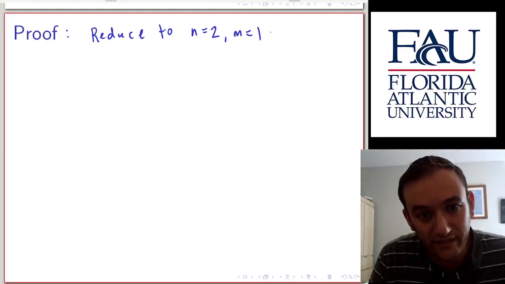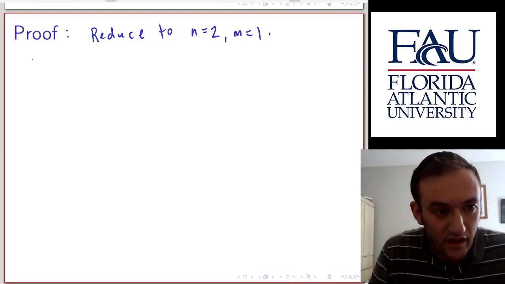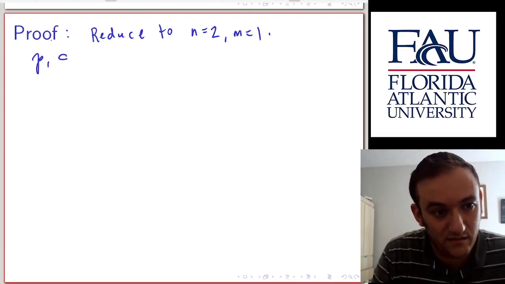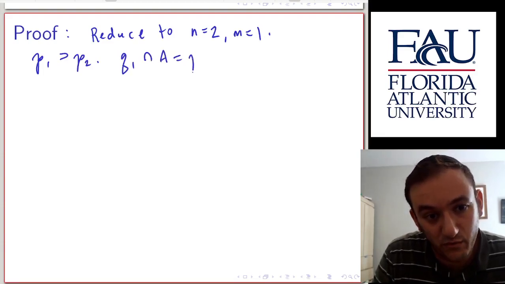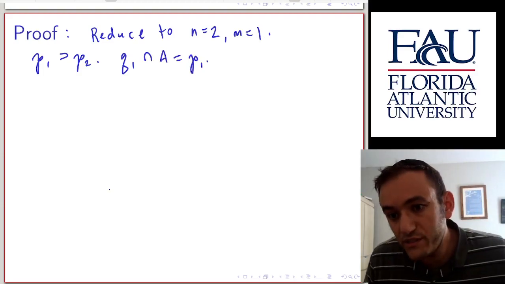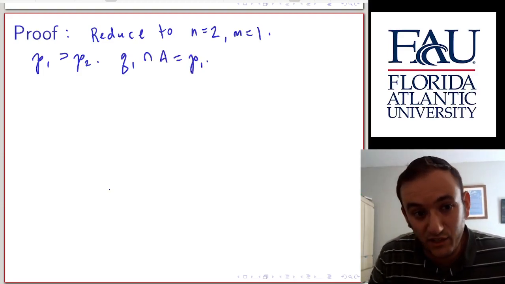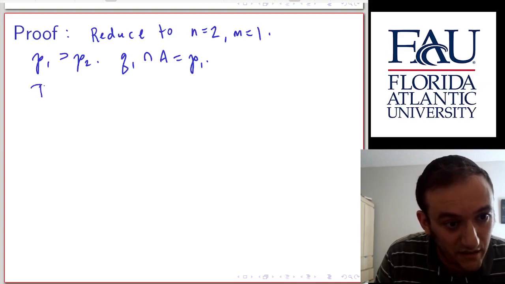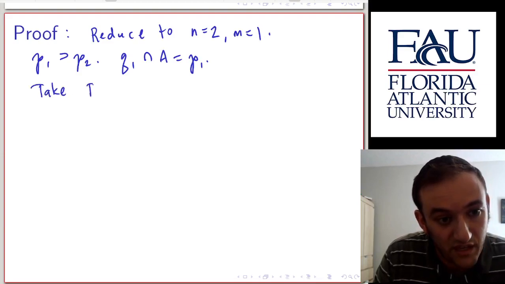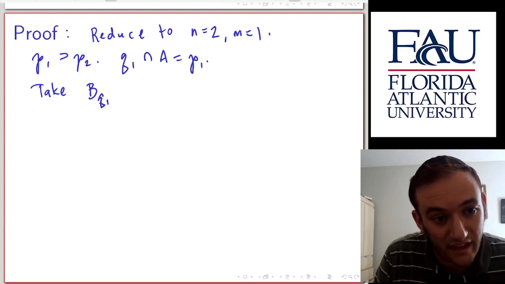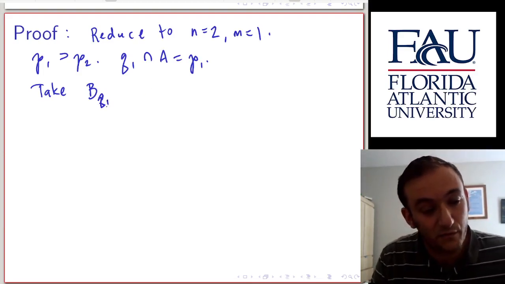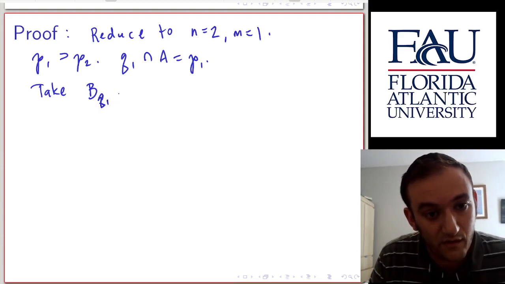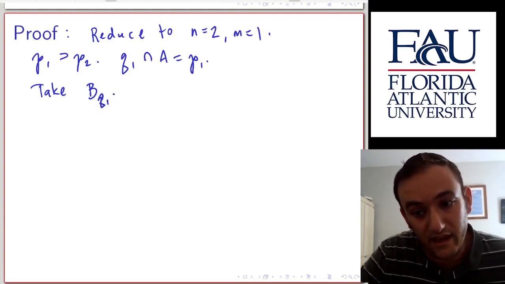Okay, and then once we have P1 contains P2, and Q1 intersect A equals P1, what we're going to do is localize B at Q1. So take B localized at Q1. That means everything outside Q1 is invertible, and now Q1 is our unique maximal ideal.